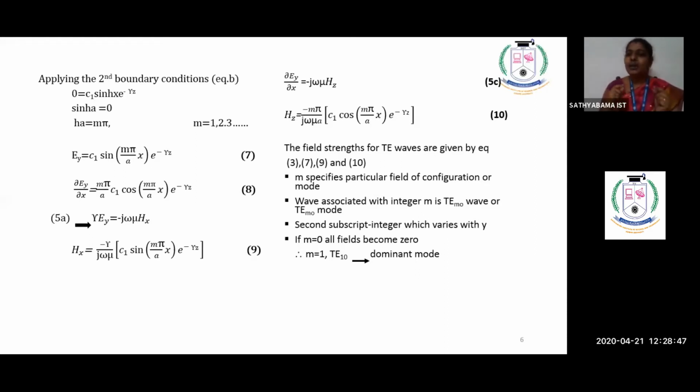So TE10 is called the dominant mode. TM10 is called the dominant mode. Normally in your 2 marks questions, they will ask for the dominant mode of the transverse electric and the magnetic wave. So you can say TE10 and TM10 are called the dominant modes.